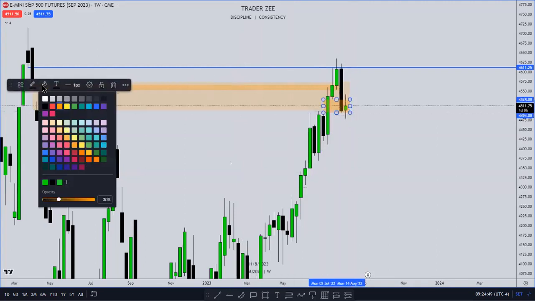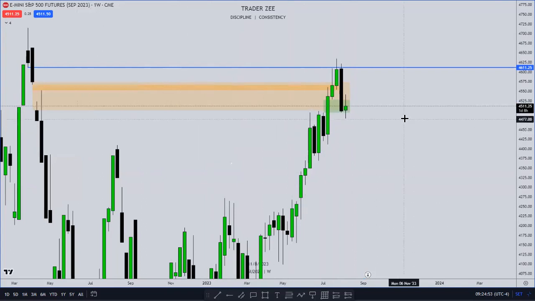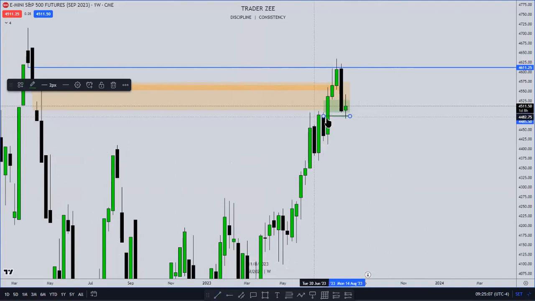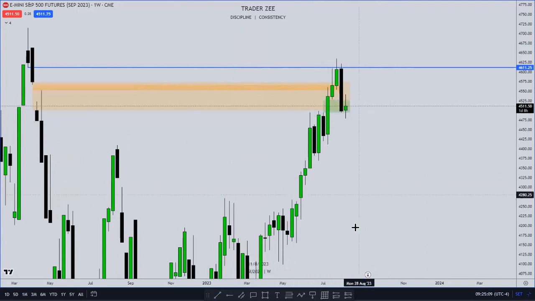So this is the weekly BC here that we have marked. We're inside of that weekly BC right now, roughly around the consequent encroachment of it. And we have a weekly order block here as well. I'm going to mark that open.